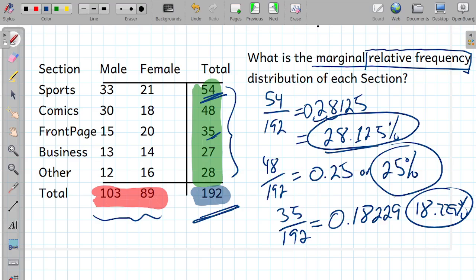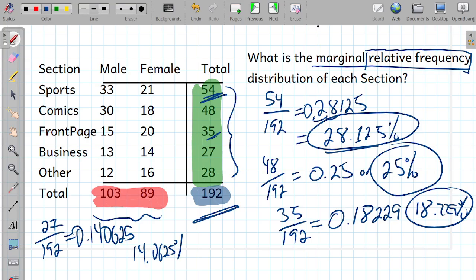Now, that just leaves us the business and the other section. For business, we had 27 out of 192. That should be 14 and a sixth, but let's find out. It's 0.140625, or 14.0625%.